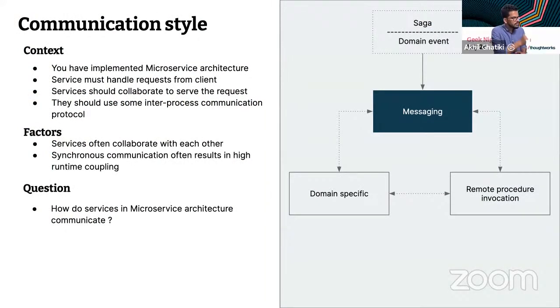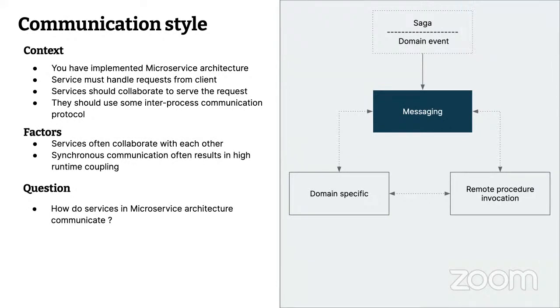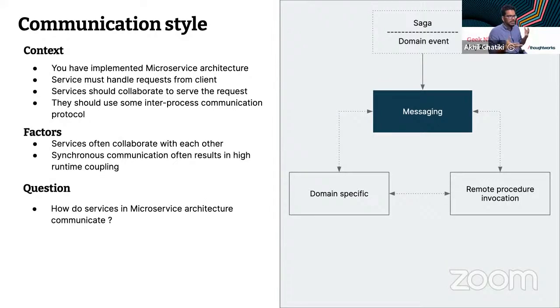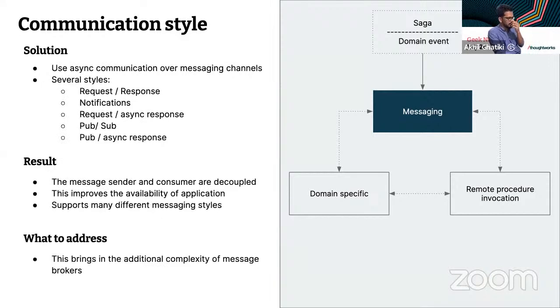Cool, thank you. So the communication style again, you have the Saga and domain events that we discussed some time ago. So what type of communication can you use? You can go with messaging. You can go with domain-specific communication styles, and you can have remote procedure invocations happening. When it is messaging that you are going to implement, it can be asynchronous communication over messaging channels.